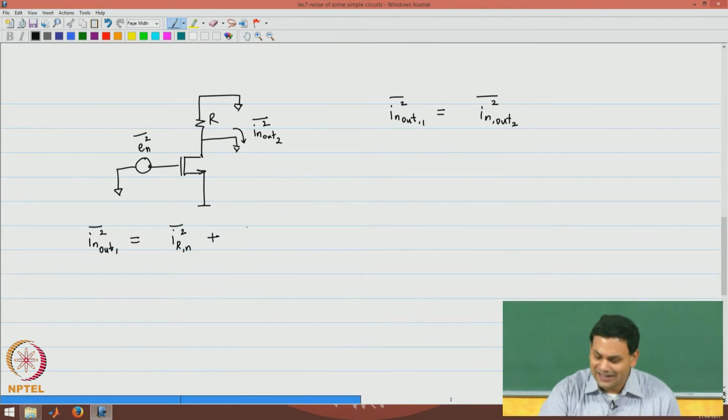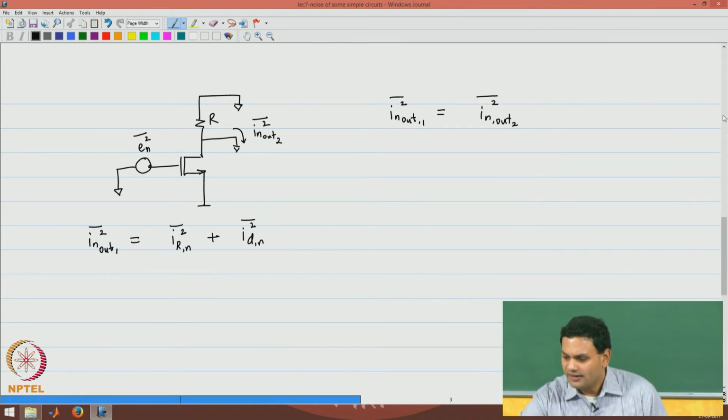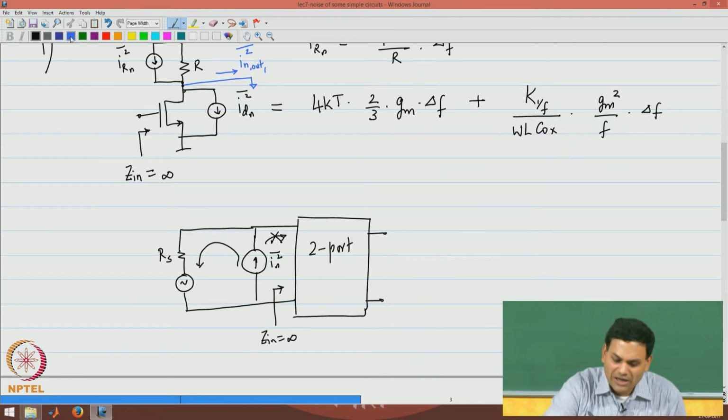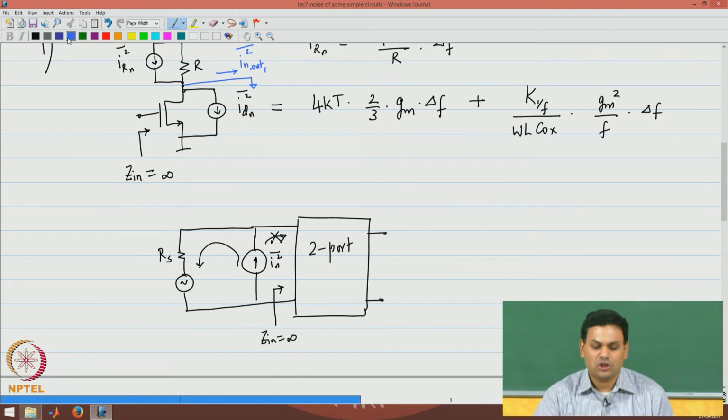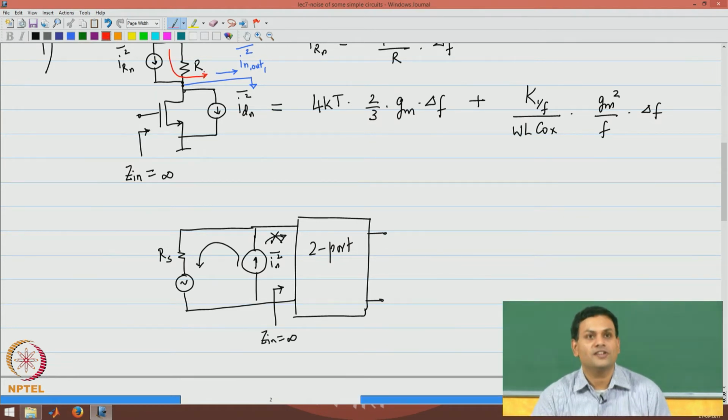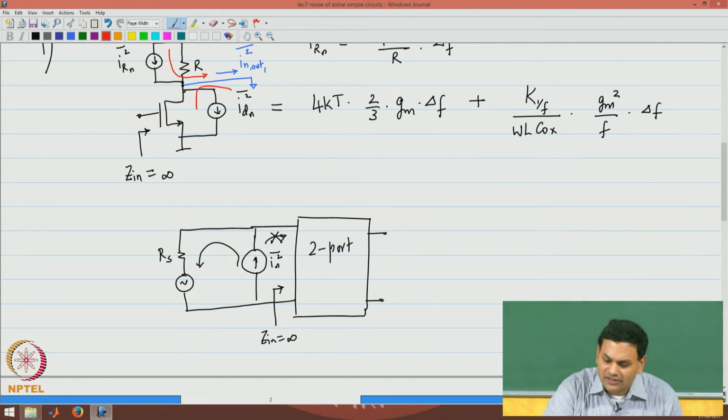So I am going to add the mean squared values of the noise currents of the two devices, and the point we need to note is that because the output is a short circuit, all of this current will flow through this short circuit. Similarly, all of this current will flow through the short circuit. So the complete noise from the MOSFET and the resistor will flow through the short circuit because it offers zero impedance for the current to flow.